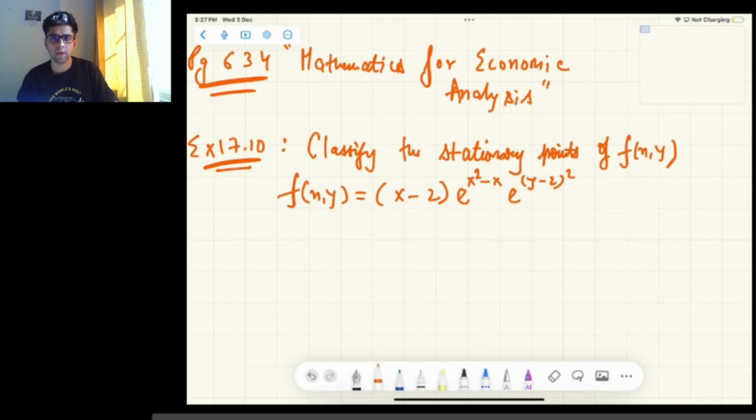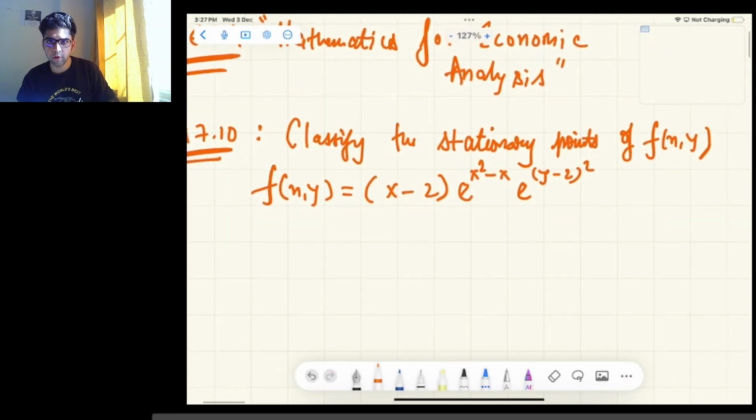Right, so this is our question and we need to classify the stationary points of this function.